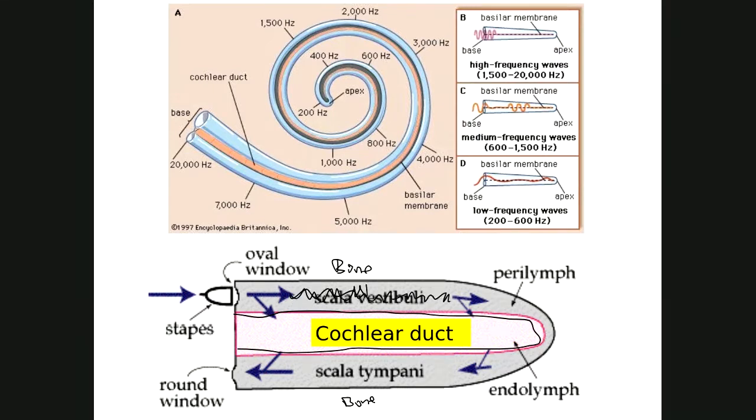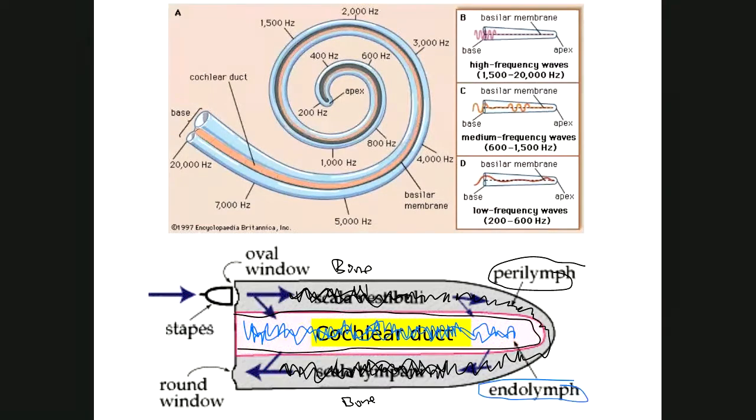That's called perilymph. Well, look, it goes all the way around. This is also perilymph. And this is also over here, perilymph. It goes all the way around. It's between the bony labyrinth and the membranous labyrinth. That's perilymph. But we also have inside the membranous labyrinth, endolymph. So in here is endolymph, and it fills up this whole space right here. That's endolymph. We already know that. That's nothing new.